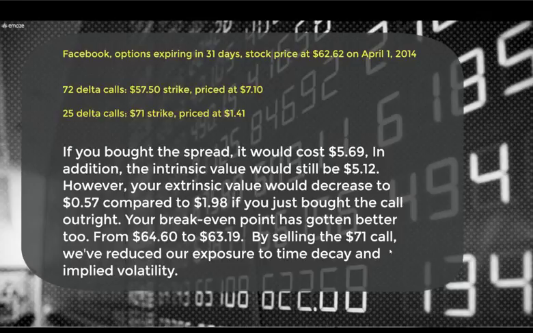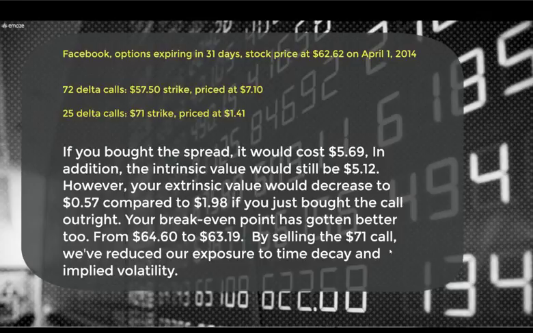However, our extrinsic value would decrease by 57 cents compared to that $1.98 if you had just bought the call outright. Your break even on this trade has gotten better too. It's from 64.60, the original break even, to 63.19. By just selling that 71 call, we reduced our exposure to time decay and implied volatility.